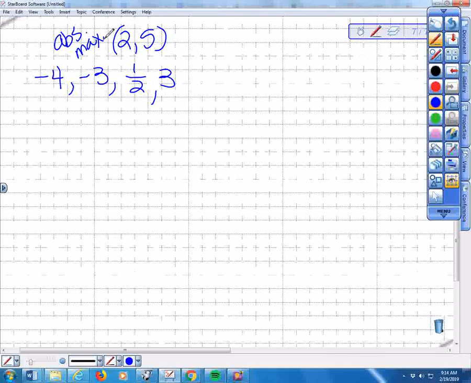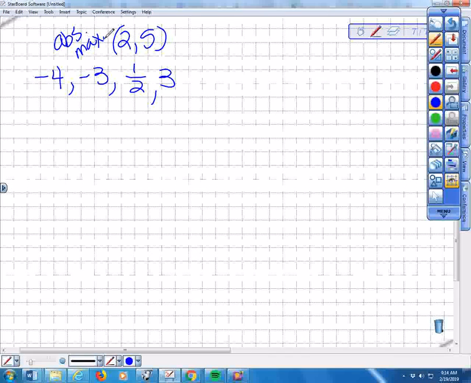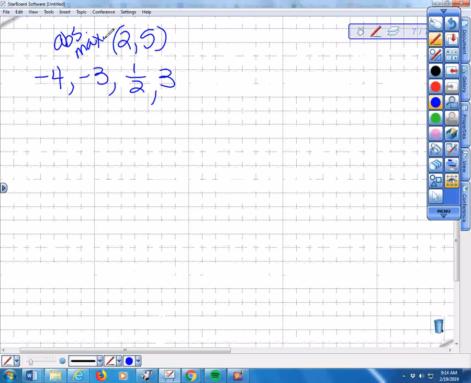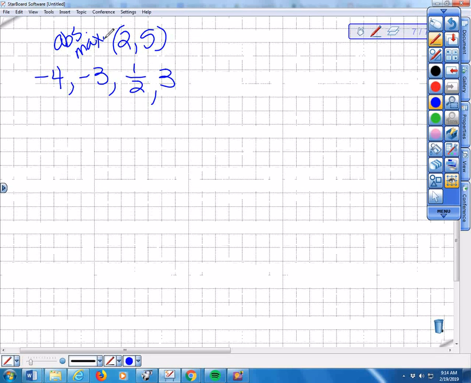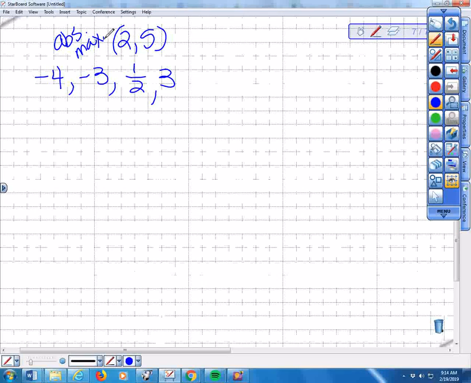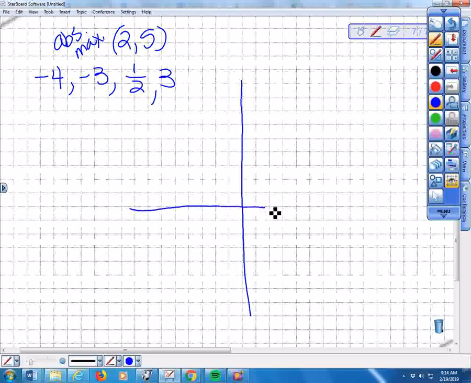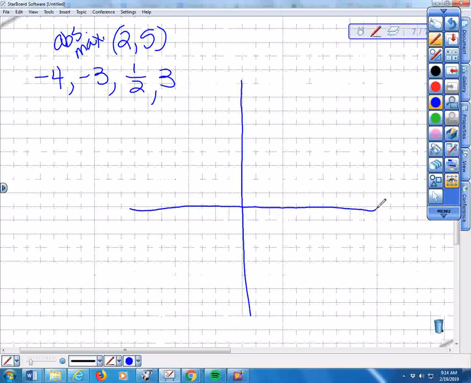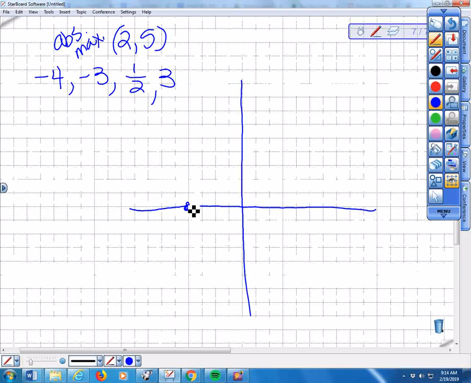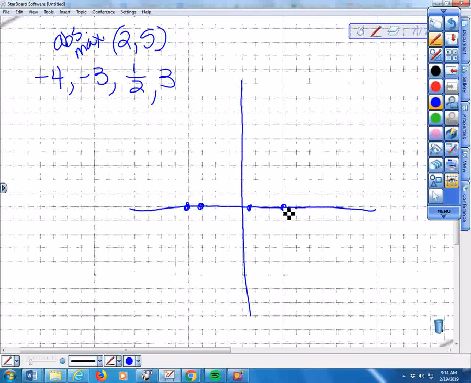So what's the end behavior going to look like? Even goes like this. Odd is like this. Even is like this, like a parabola, because parabolas are even. Okay? So I know the end behavior, and I know my zeros: -4, -3, 1/2, and +3.